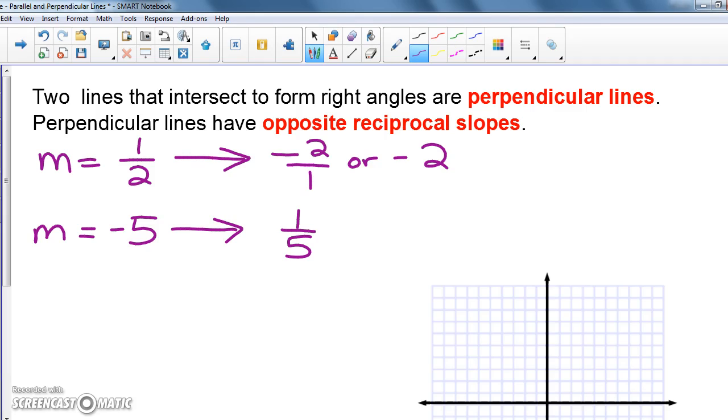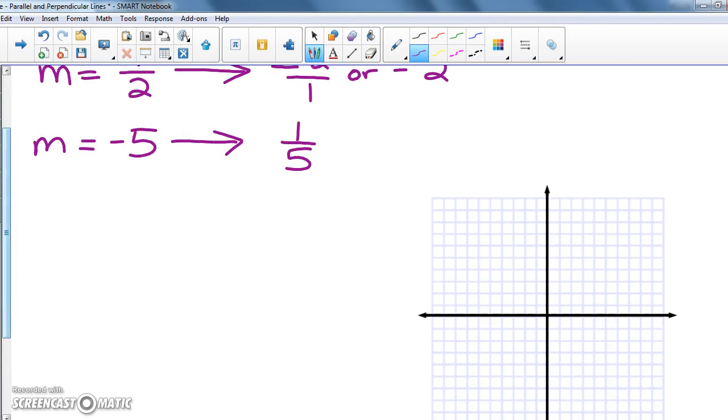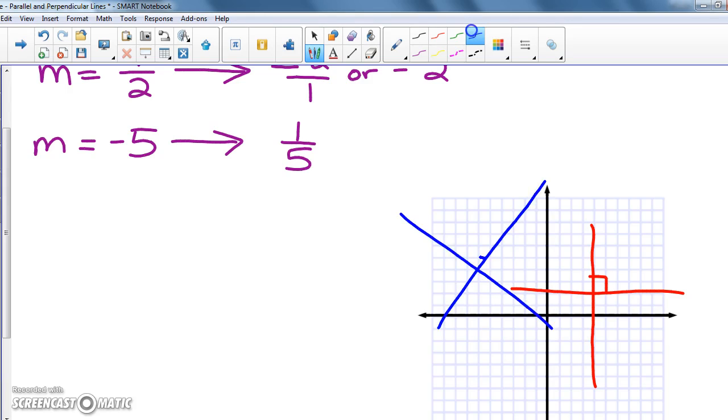Okay? So, perpendicular lines, they intersect to form right angles, which means they're going to look like maybe this, and there's the right angle, or they can be diagonal, of course. Maybe they look something like this.